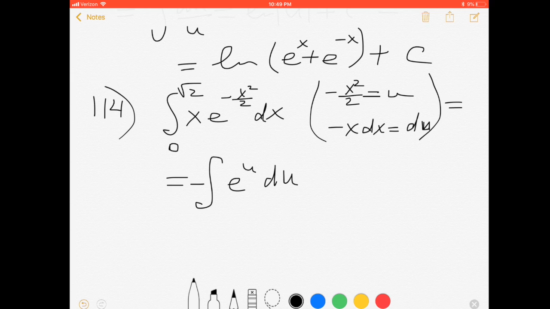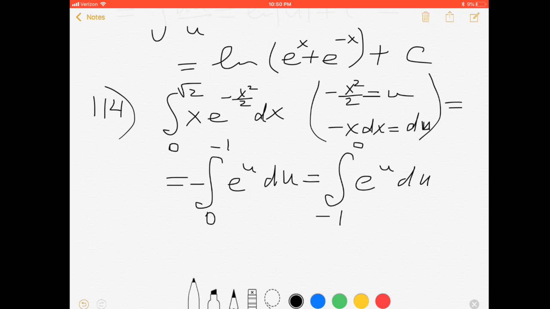And counting the new borders, if you plug in x equals 0, u will be 0. If you plug in square root of 2, you have 2 over 2 with the minus, it will be negative 1. Here the lower border is greater than the upper border, so we write in normal order. We have the integral from negative 1 to 0 of e to the u du.